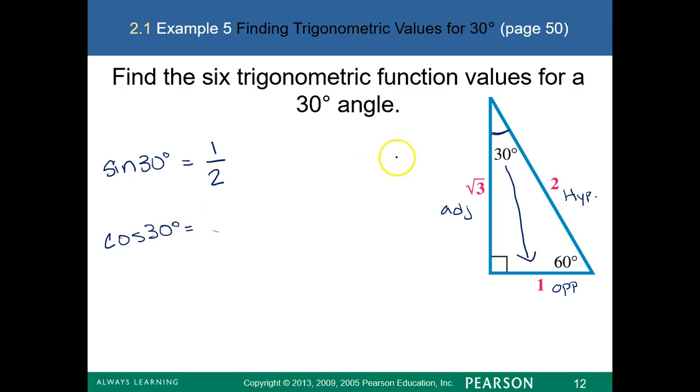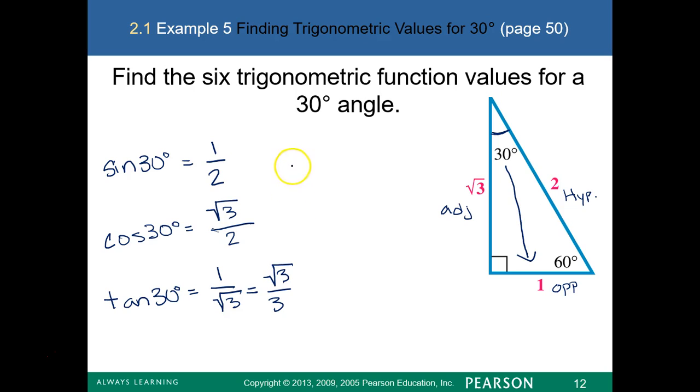And that is our adjacent over hypotenuse, so square root of 3 over 2. And then tangent of 30 degrees, opposite over adjacent, so 1 over the square root of 3, which we need to rationalize. That's going to give us square root of 3 over 3.